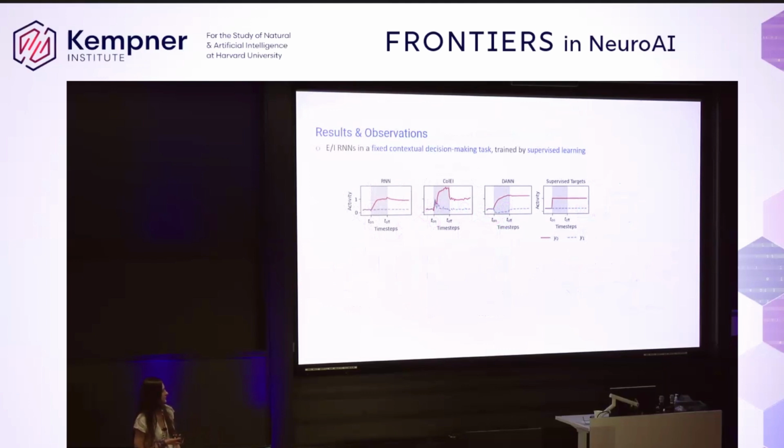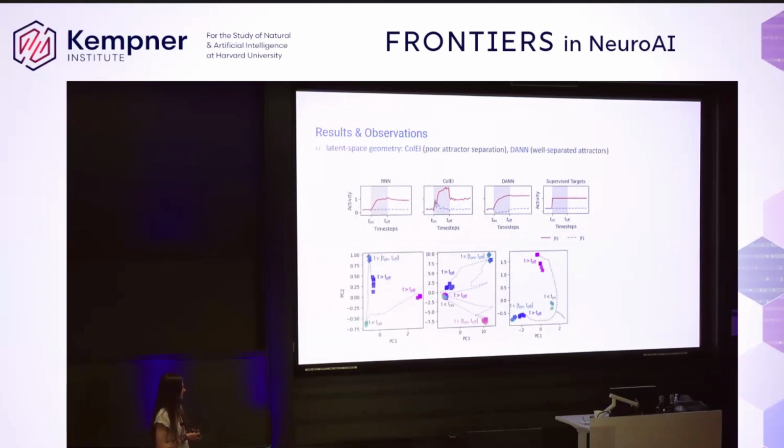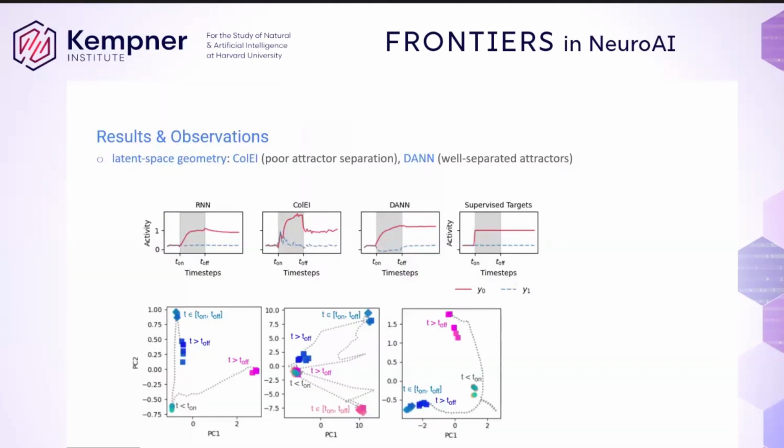So we see that all of the networks are basically able to perform the task, more or less. But when we look at the phase space activity, so the slow points of the RNN, and we project them in PC space, we see that the vanilla RNN is able to find two clusters corresponding to the two decisions, the blue ones and the pink ones, which are well separated, and trajectories from the starting point in green lead to one of the two.